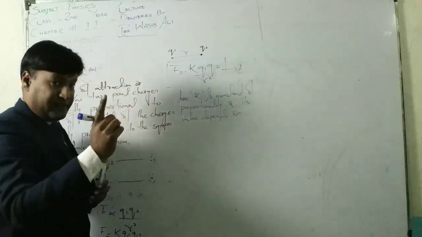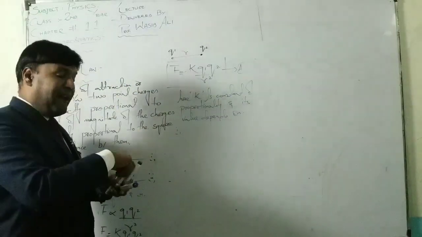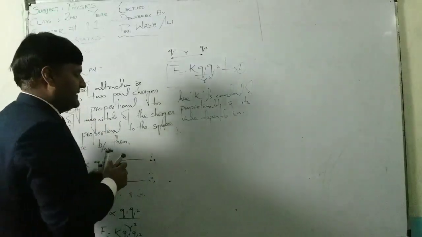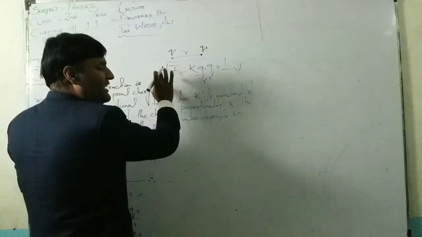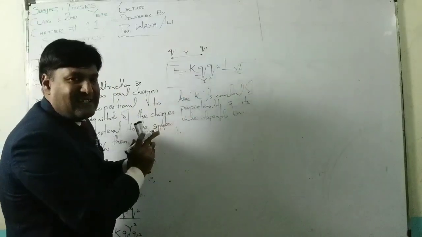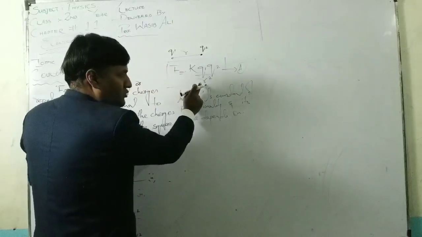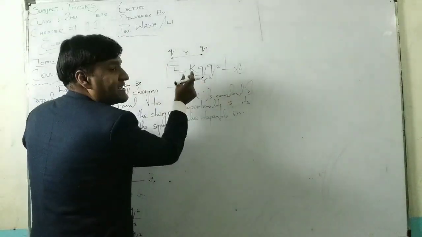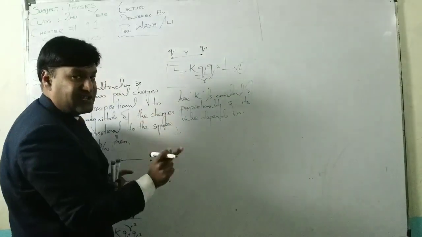It depends on two factors. Number one, the first thing on which the value of K depends is, if you look at this equation, K depends on each and everything present in this equation. Means K depends on force, K also depends on the distance between the charges, that is r, and K also depends on the magnitude of the charges.